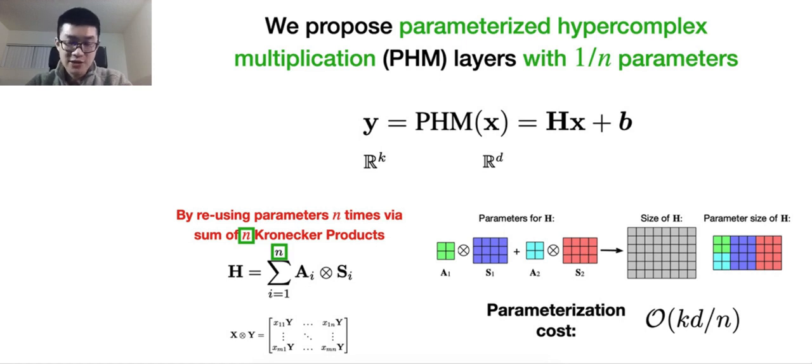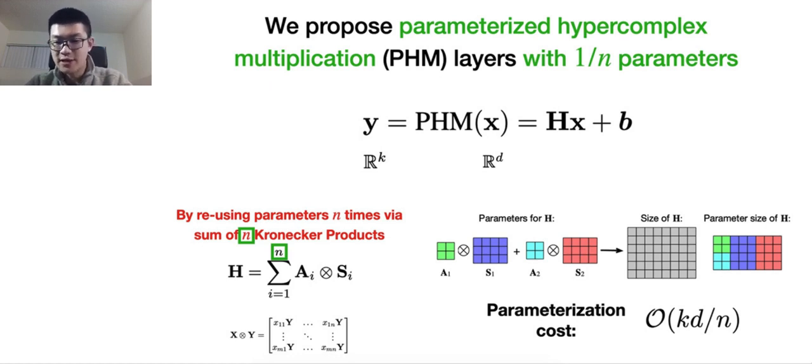However, we construct the matrix H by using a sum of n Kronecker products, and Kronecker products reuse the parameters. By using n independent Kronecker products, we can reuse the parameters n times, which allows us to have only 1 over n learnable parameters in such a layer. Since this is a parameterized hypercomplex multiplication, we call this layer the PHM layer.